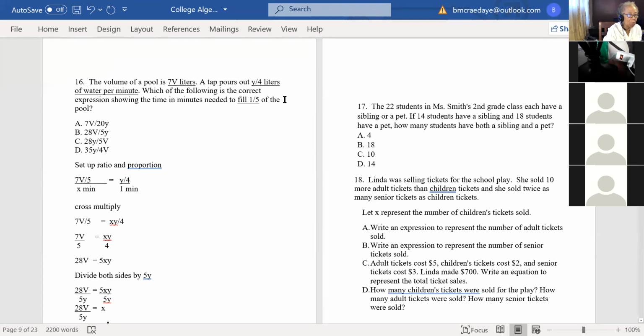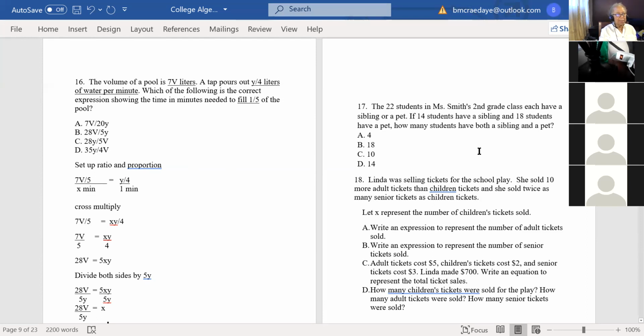But they want to fill 1/5, that's why we have 7v over 5. This is given y over 4 liters of water per 1 minute, and that's the 1 minute here. And we're trying to find the number of minutes to fill 1/5 of this pool.